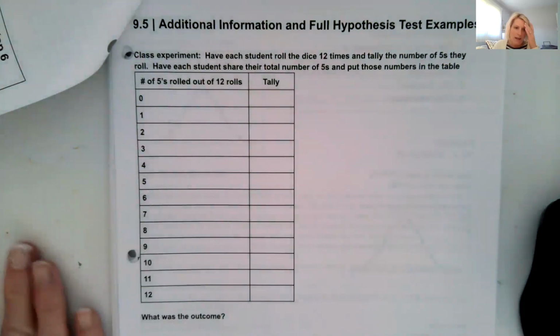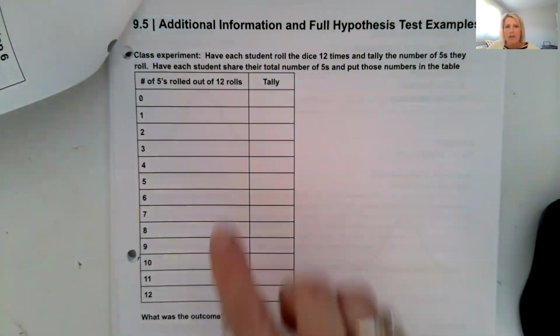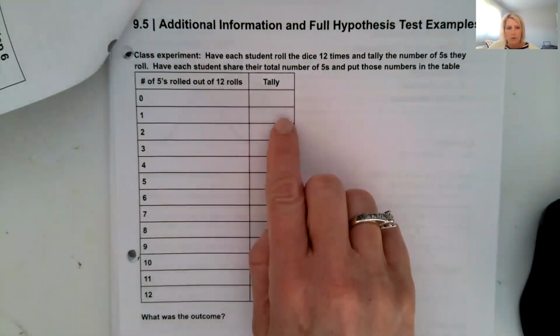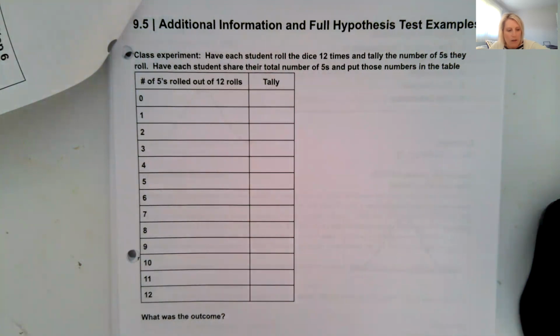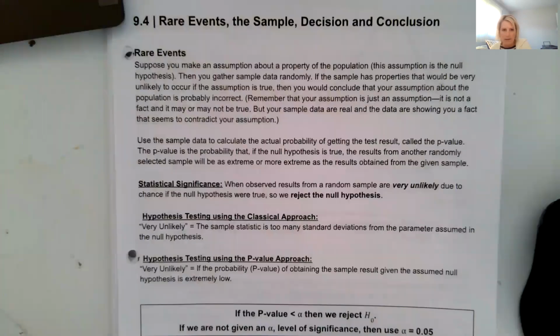You would see that most people rolled between a 1 and a 4. But then there was somebody who rolled 12 fives, which seems a little fishy, a little unusual. You wanted to prove that could really happen. Okay, that's a rare event.